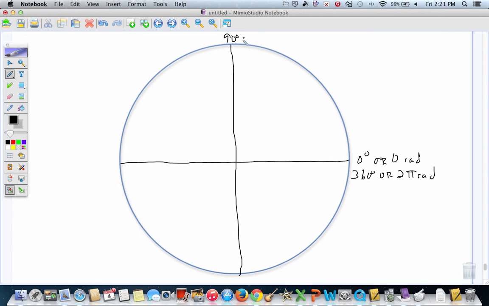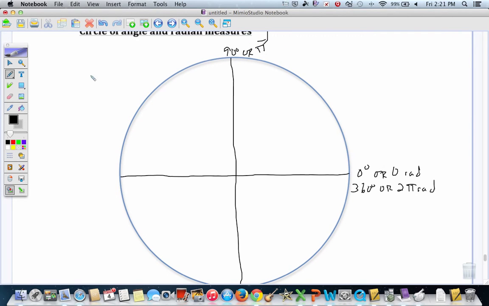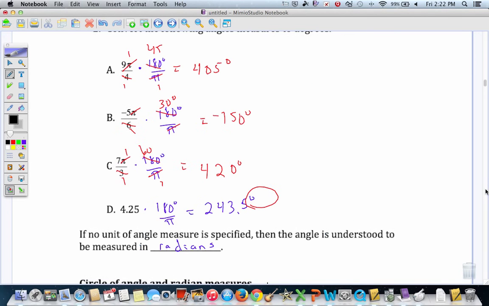If I go up here, I hope we all recognize this to be 90 degrees. This is the same thing as pi over 2 radians. If I go over here, I have 180 degrees, which is pi radians.